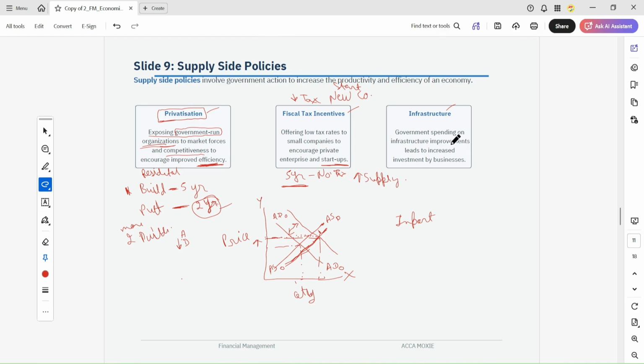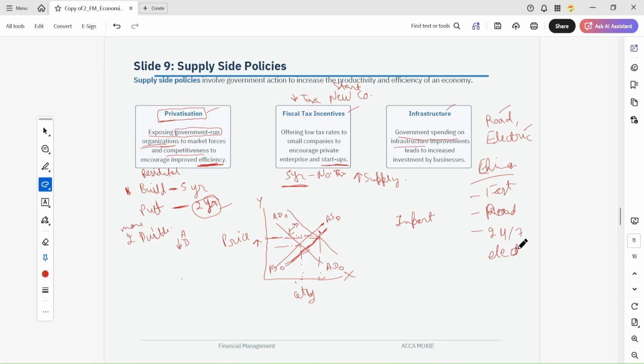Another is infrastructure, where the government spends on infrastructure. When you have good roads and 24-hour electricity, foreign investors see that your country has good roads and good electricity. For example, in China you have fast trains, good roads, and 24/7 electricity.